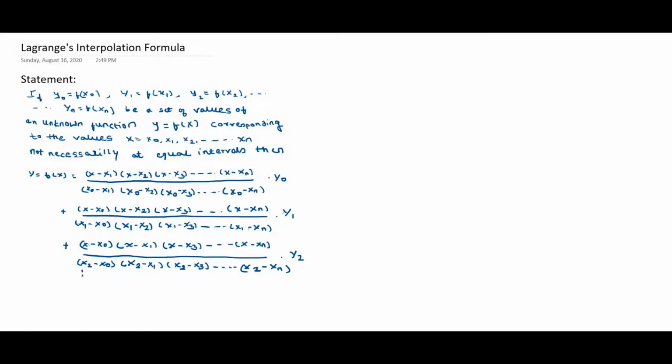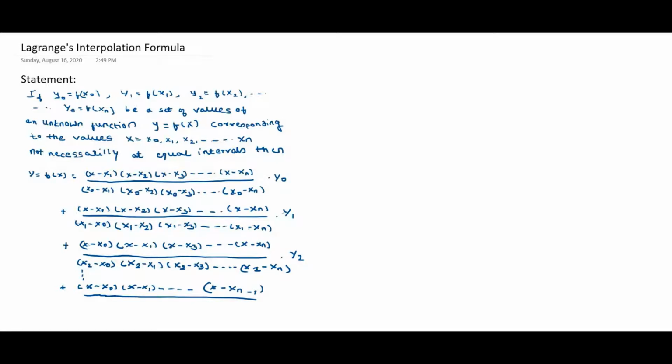And continuing in the same way, at last you will get plus. In the last term, xn is absent. So here I will write x minus x0, into x minus x1. Continuing in the same way, x minus x2, x minus x3 and so on up to x minus xn minus 1, because in the last term xn is absent, divided by.